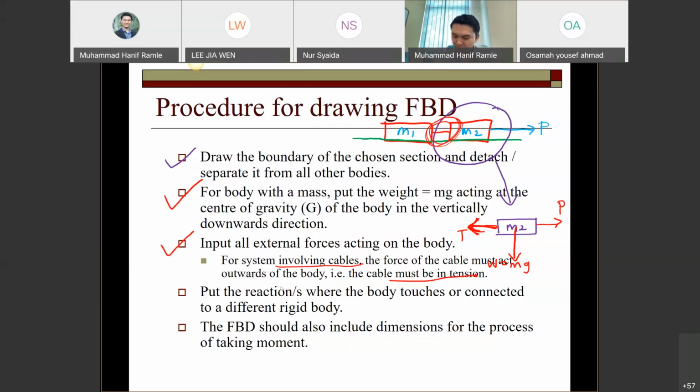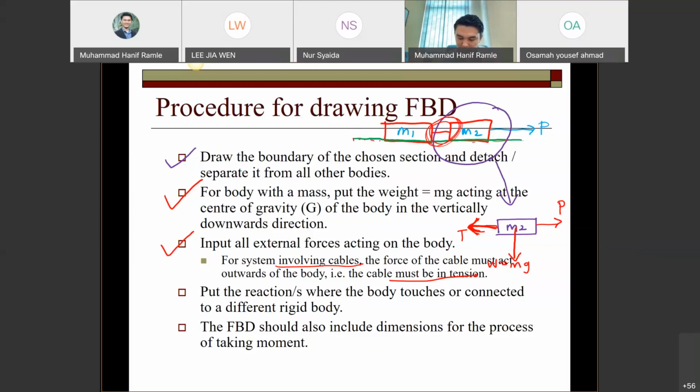And then since the box that I drew just now is on the floor, meaning that there is some reaction, for example, the reaction of friction at this part. So put the reaction where the body touches or is connected to a different rigid body.